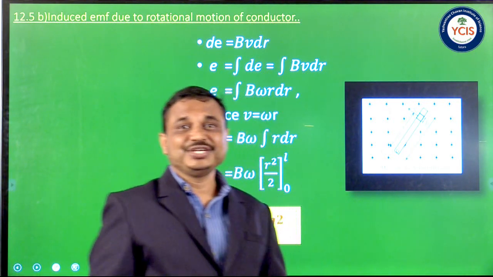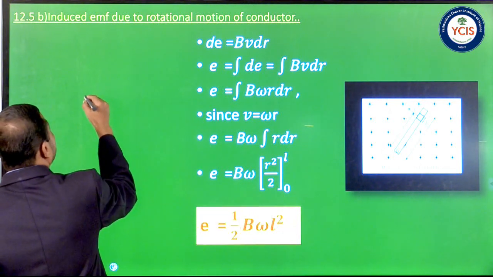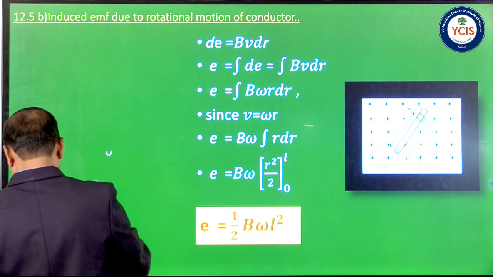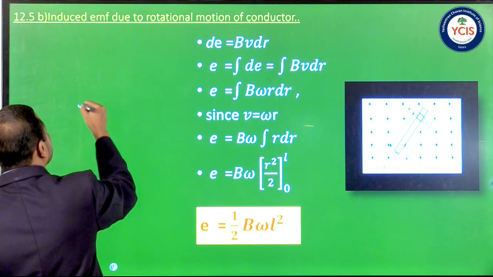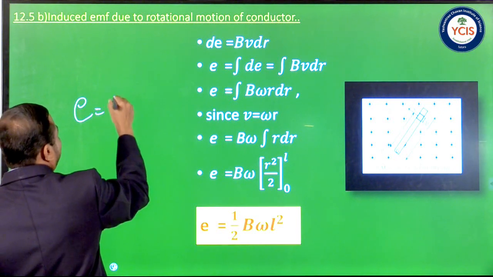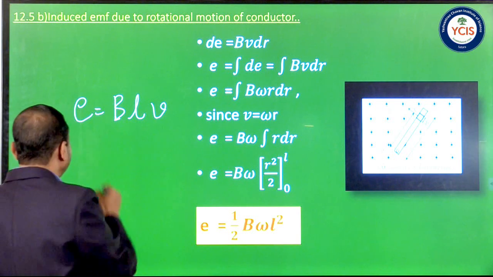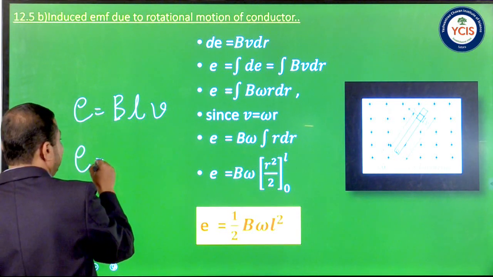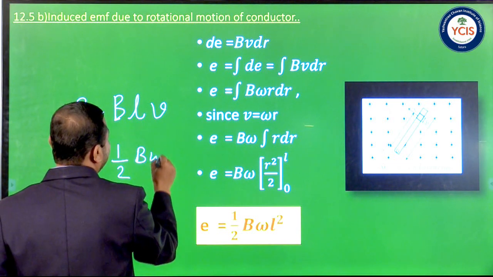So in this lecture we derived the two expressions for the motional EMF. When there is a linear motion, E is equal to BLv, and when there is a rotational motion we have E equal to half B omega L square.